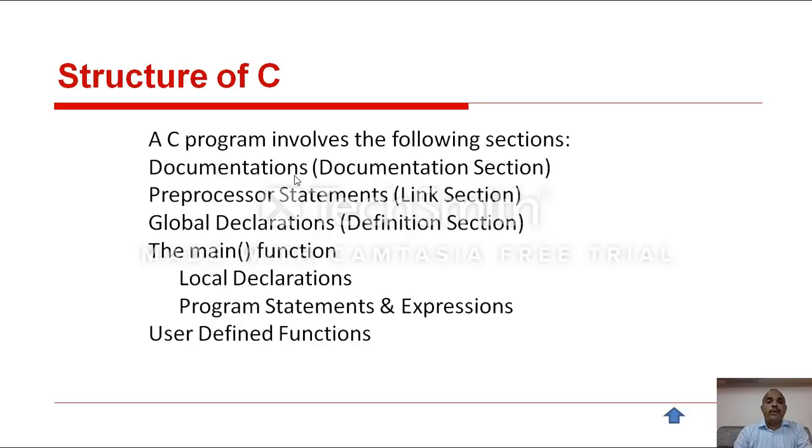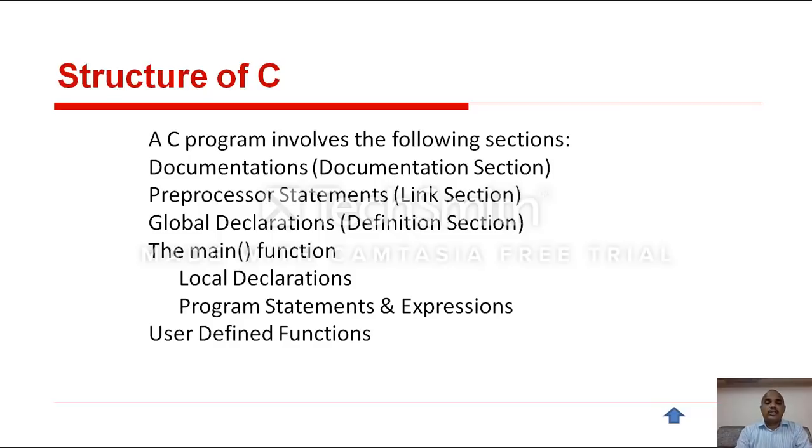So here, global declarations come before the main function, and afterwards local declarations inside it. Simply, variables we can define in two ways: one is global declarations, another one is local declarations. The scope of local variables is inside the main function, while the scope of global variables is anywhere in the program, inside and outside. Clear?